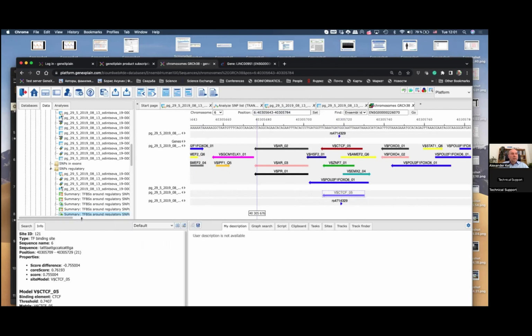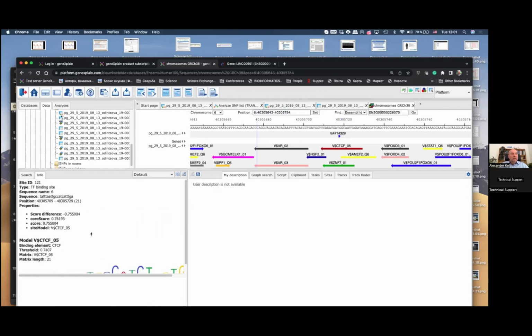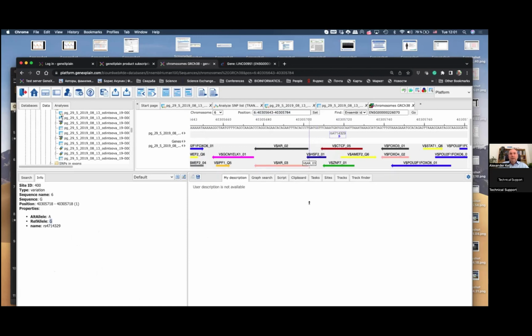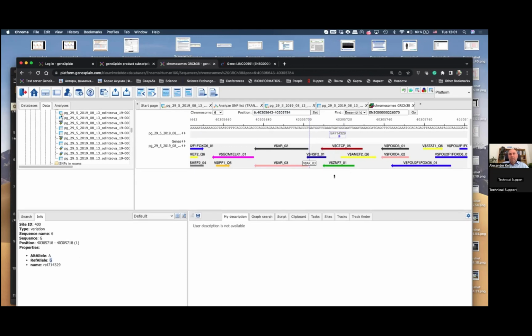We can have a look at what the delta of that loss is, and the delta is pretty big. It's actually minus 0.075. It practically kills the site. We can also see what happens. You see that it changes the reference G into an A, which I can tell you right away.